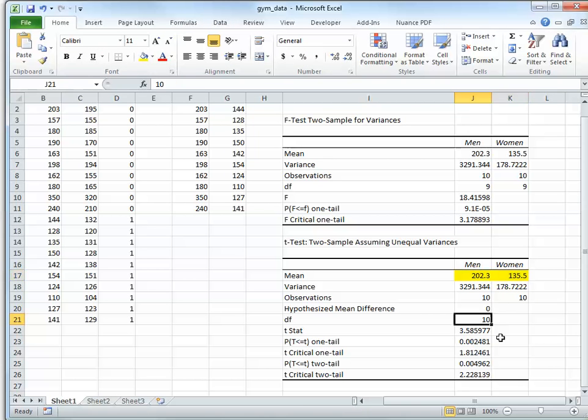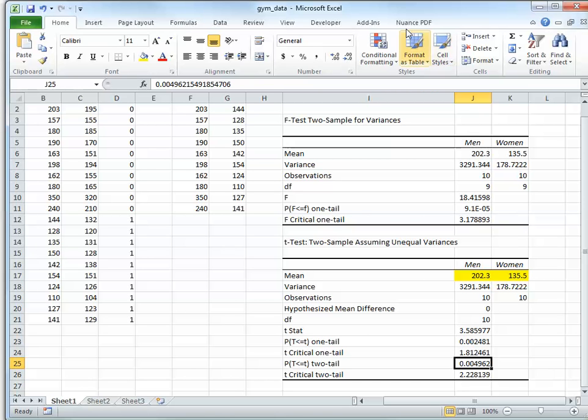The degrees of freedom have changed a little bit because now we have to assume that each sample is an individual sample with its individual variances. That will change our t-critical because our degrees of freedom have gone down. But we noticed from the last example that our t-stat really doesn't change too much. It's still greater than t-critical. Our p-value is still less than our alpha.